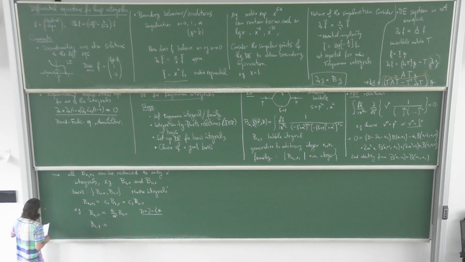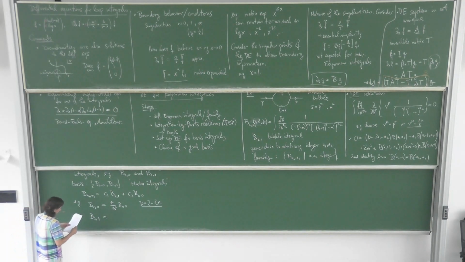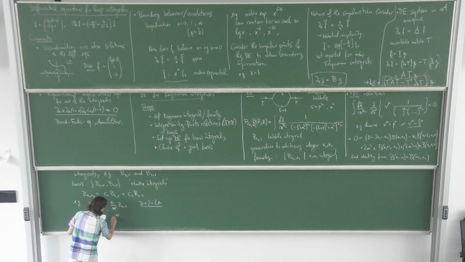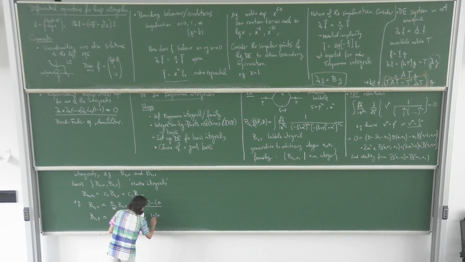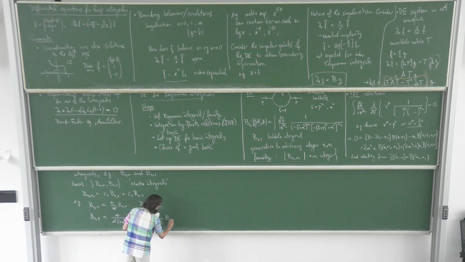So b2,2,1. That becomes epsilon divided by m squared, 4m squared minus s, b0,1 plus 1 plus 2 epsilon, 4m squared minus s, b1,1.